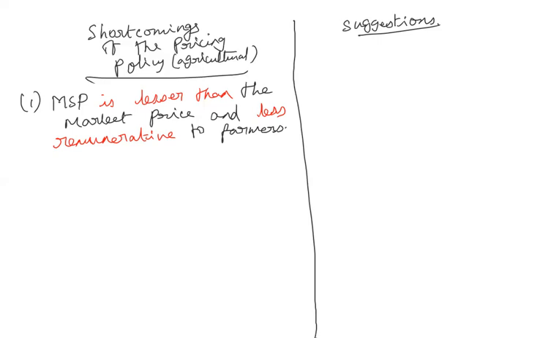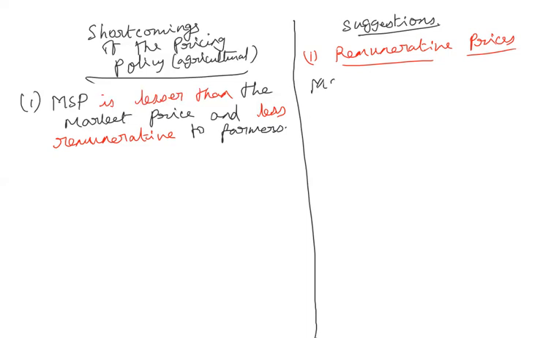So what should be the solution for this? The government should provide remunerative prices. The government should increase the minimum support price so that the farmers will be benefited.